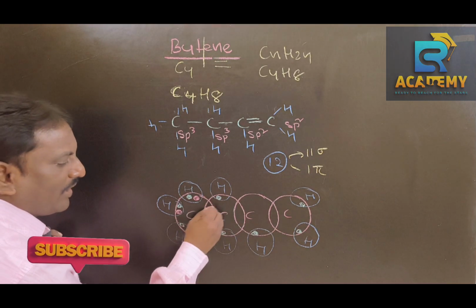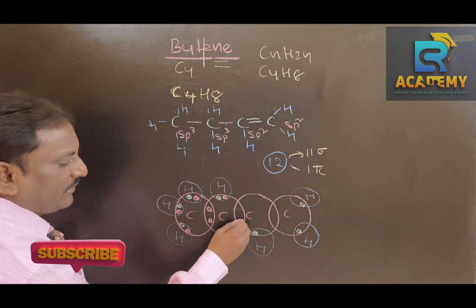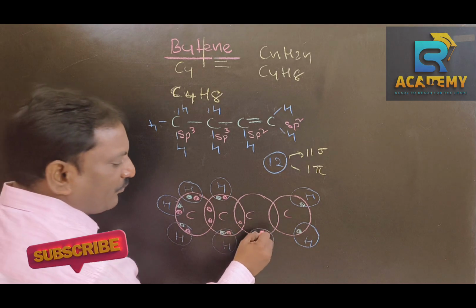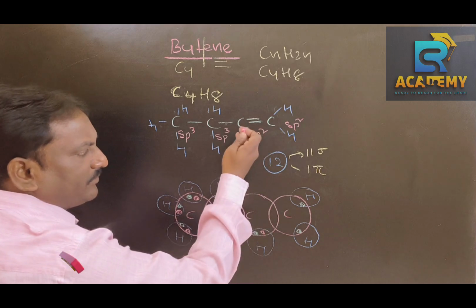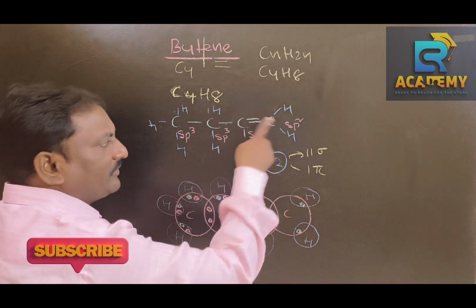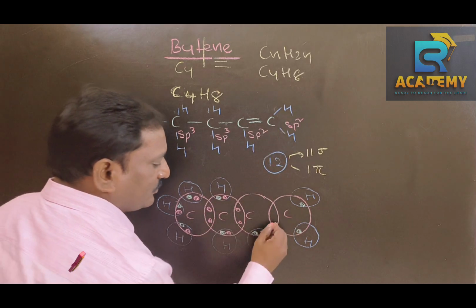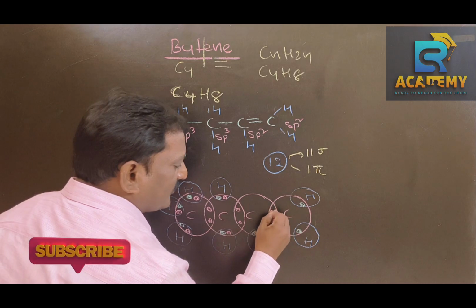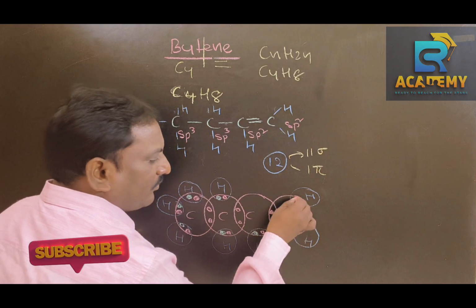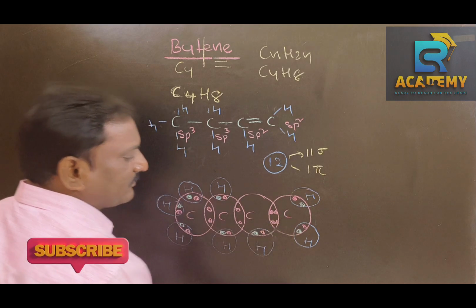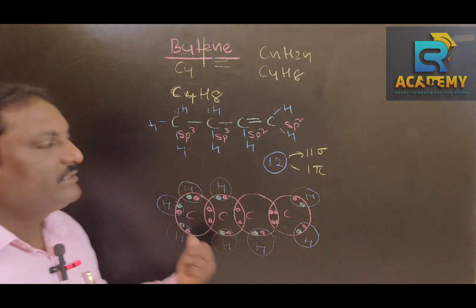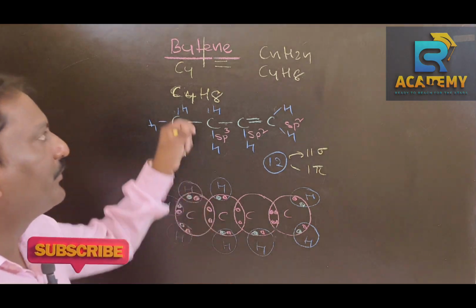This carbon, 1, 2, 3, 4. This carbon, 1, 2. The remaining two must be placed here, because this carbon has given a double bond to the neighboring carbon atom. So two unpaired electrons must be placed here. Carbon 1, 2, remaining two must be placed here. Right? So this is the Lewis dot structure of butene.